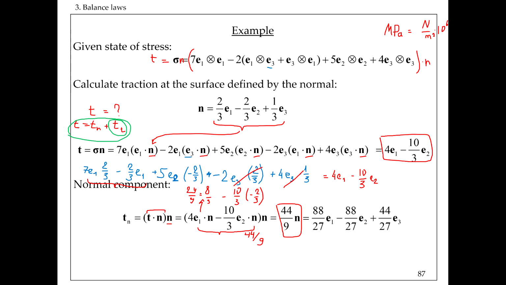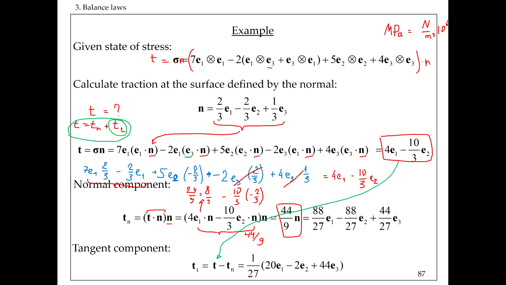The tangent is nothing but the original direction minus t n, and so we can write it in this way. We're substituting this instead of t, and then we're substituting what we obtained for the normal component exactly here. And so if we do this correctly, the tangent component will be this.